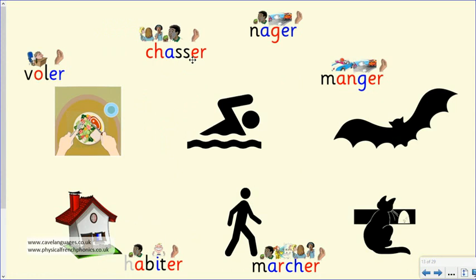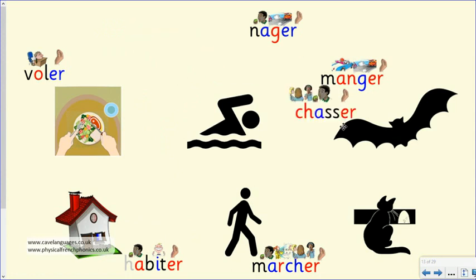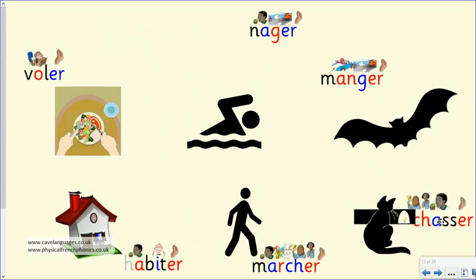What about this one? This one looks a bit like chase, but it means to hunt in French. There's the cat waiting patiently for the mouse. So chasser is to hunt. Now, which one is eat? Which one is fly? Which one is swim? If you've not met them before, not easy to guess.